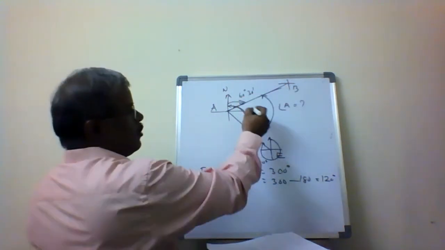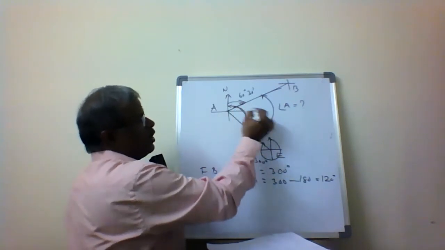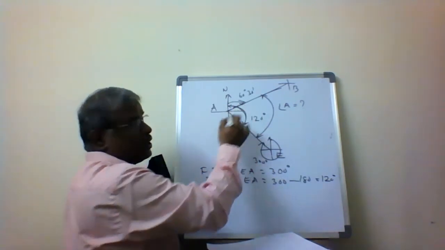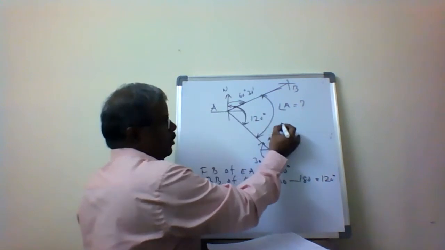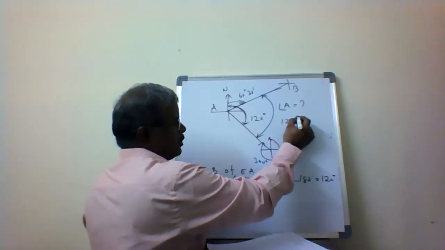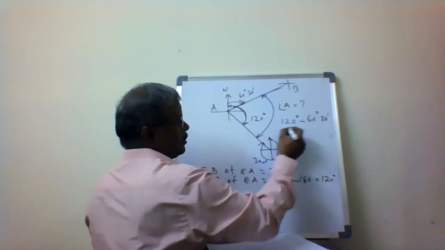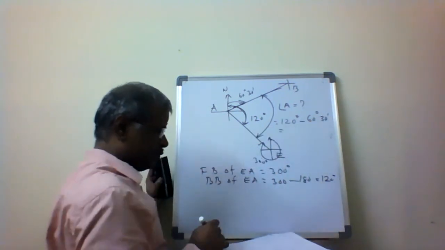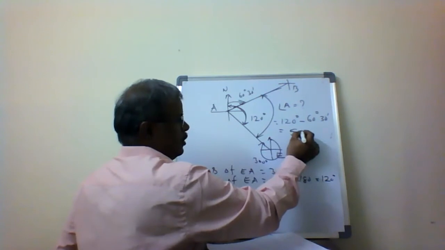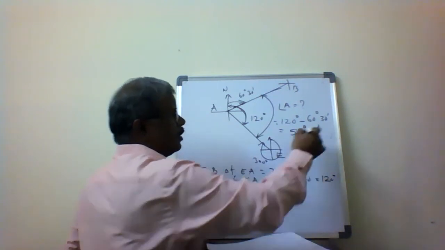Now angle A equals 120 degrees minus 60 degrees 30 minutes, which is 59 degrees 30 minutes.